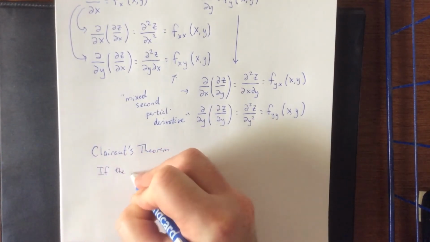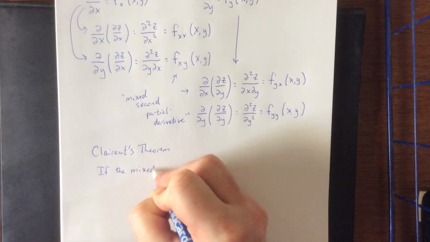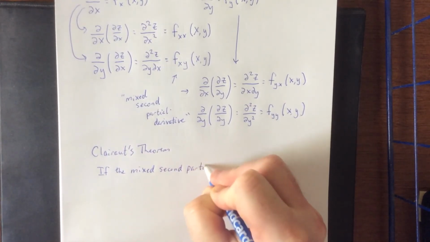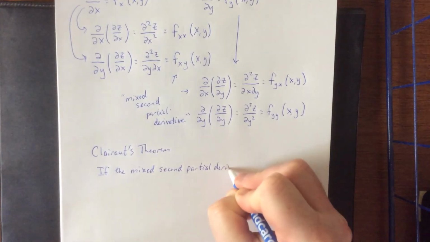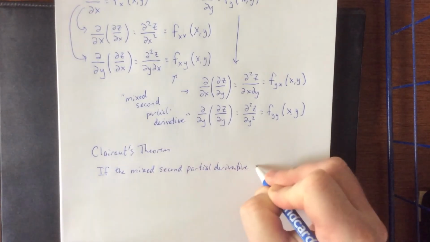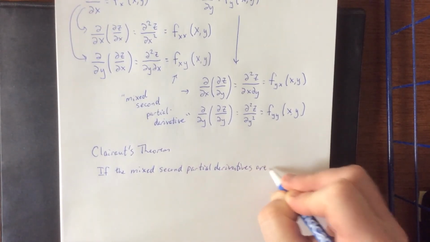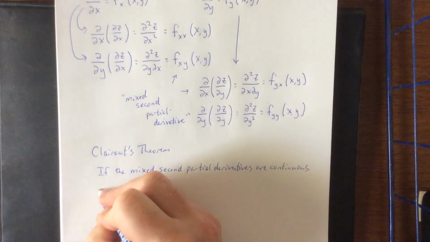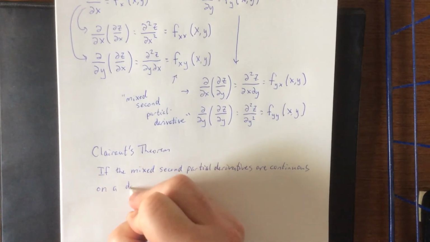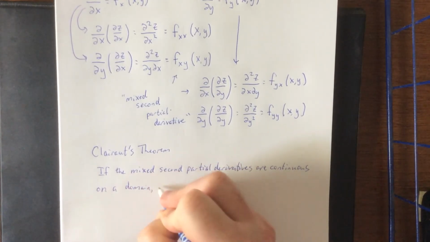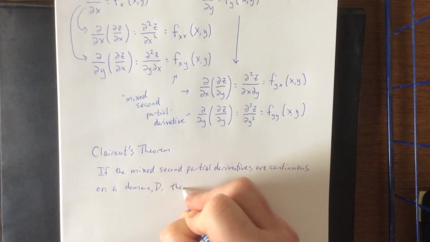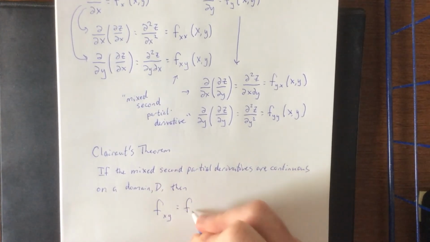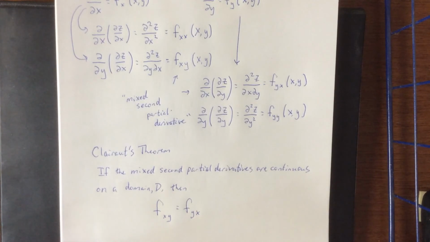If the mixed second partial derivatives are continuous on a domain, we'll refer to that domain as D, then not only are they going to be continuous, but they are in fact going to be equal.